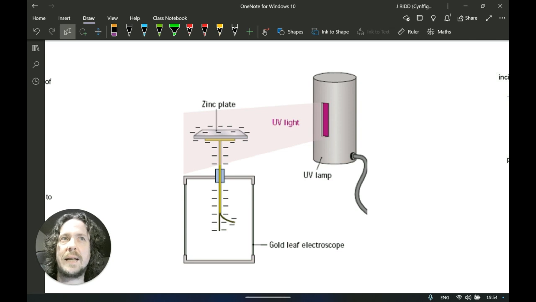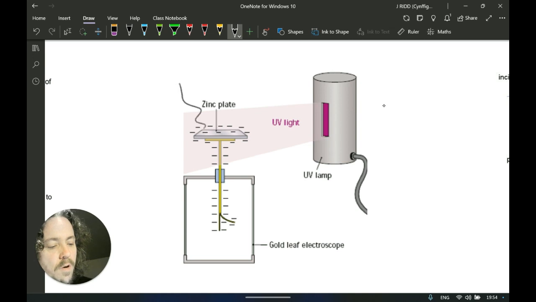And classical mechanics really was broken at this point, because it couldn't explain how even a very dim UV light, so very weak, not very bright UV light, would nevertheless cause electrons to zip off the surface of that metallic plate. This, incidentally, you might have seen in school.